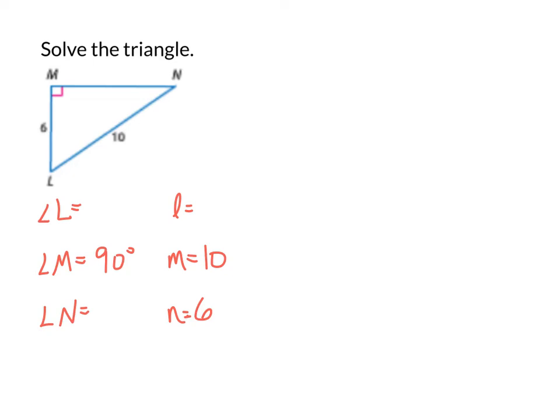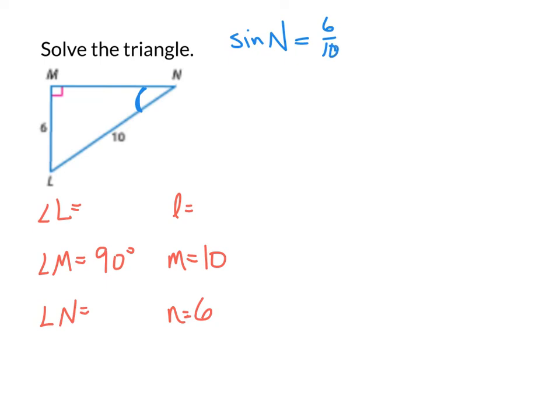The first value I'm going to try and find is going to be this angle N. When I look at what else I'm given with the 6 and the 10, the 6 is the opposite side, the 10 is the hypotenuse. So opposite over hypotenuse is sine. That means that the sine of N is going to be 6 over 10.